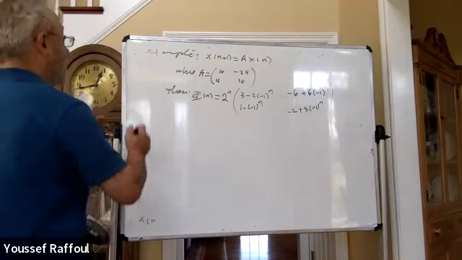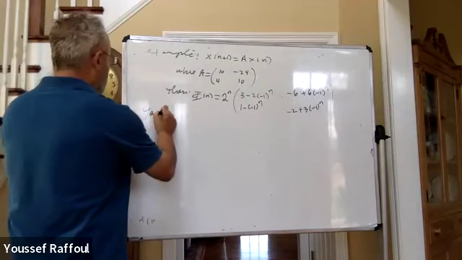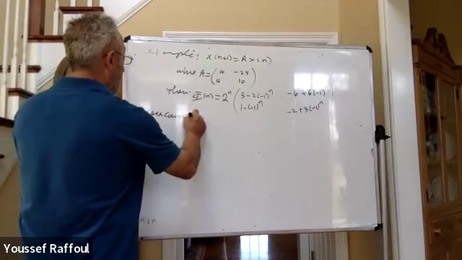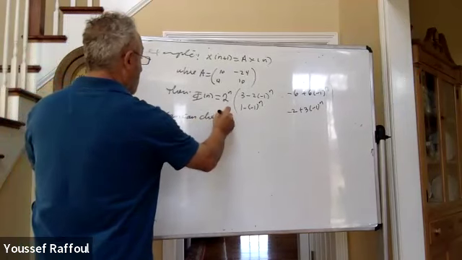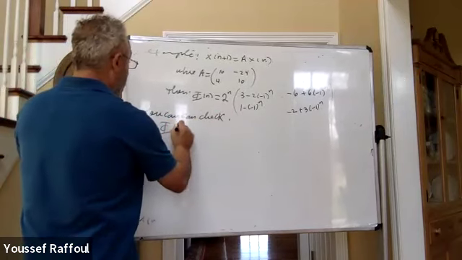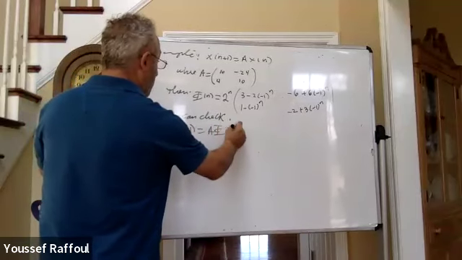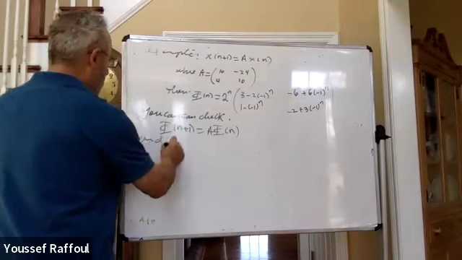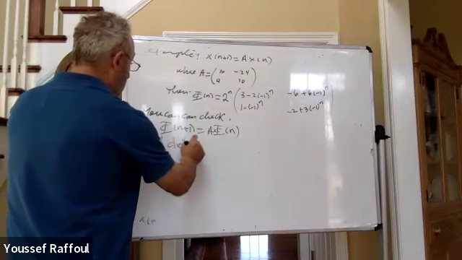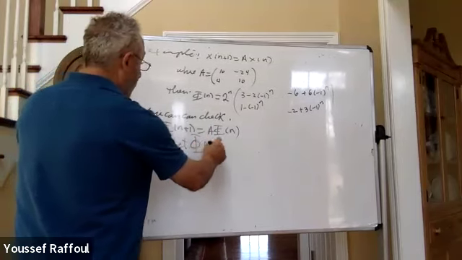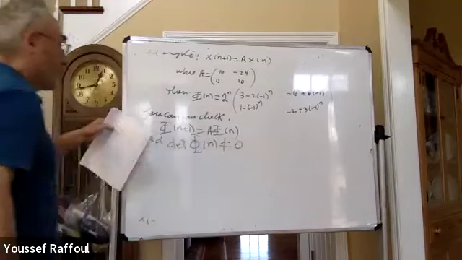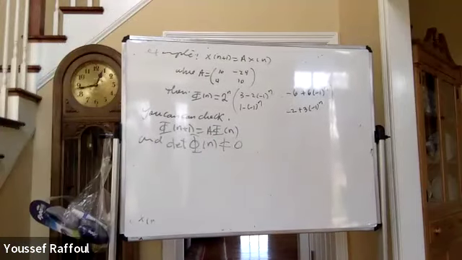And you can check that phi n plus 1 equals A phi n, and the determinant of phi n is not 0 for all n.